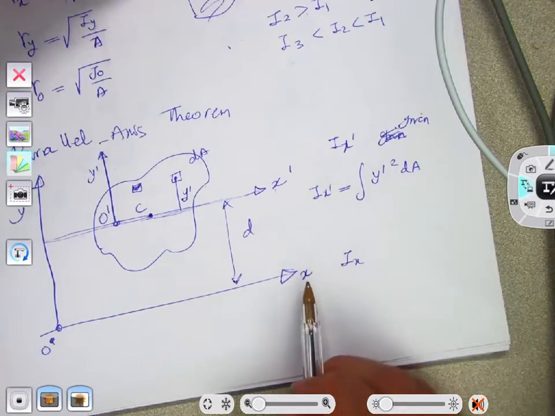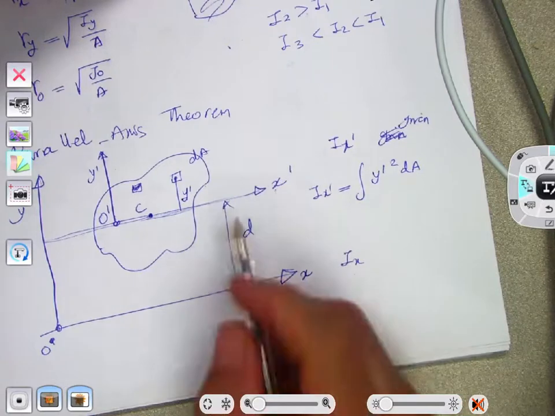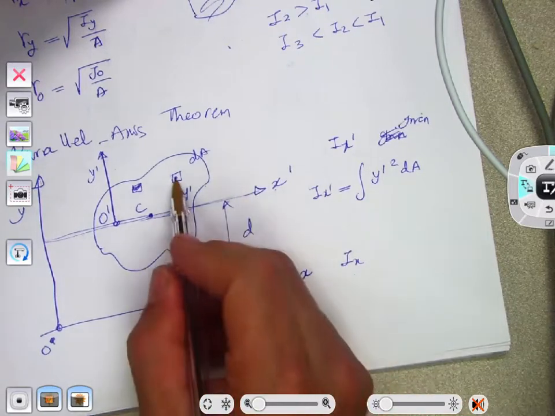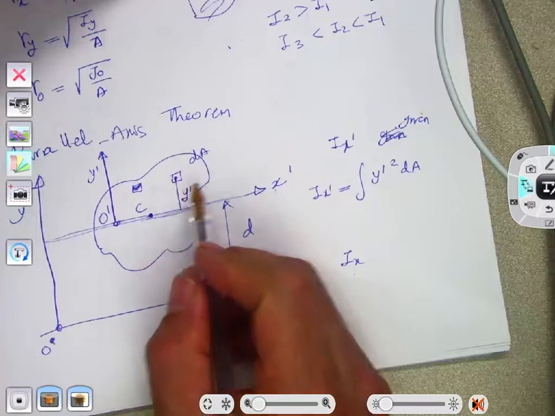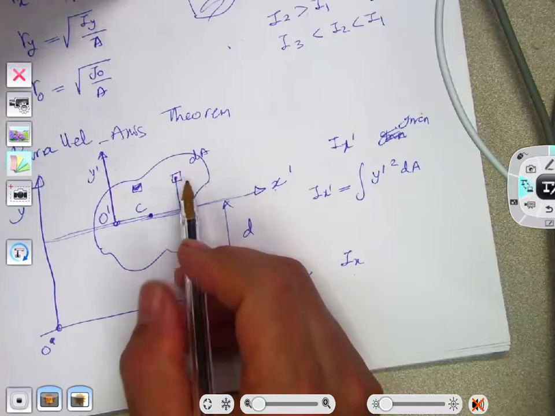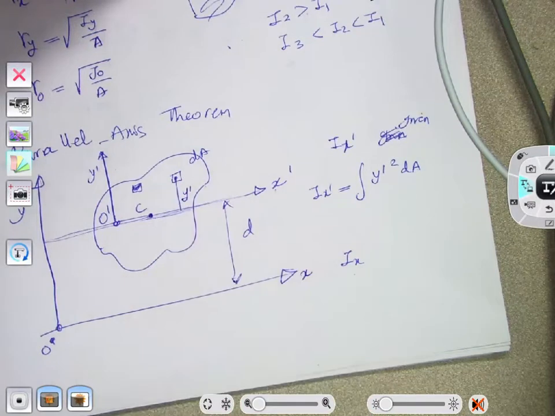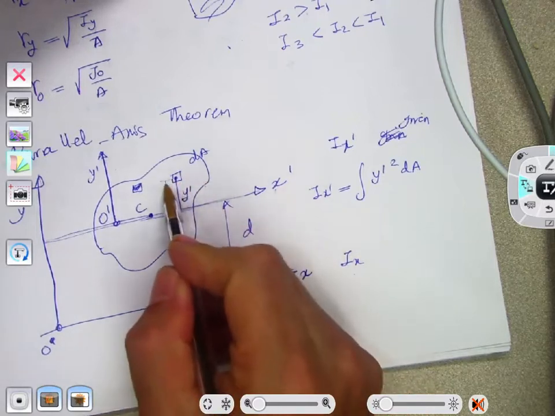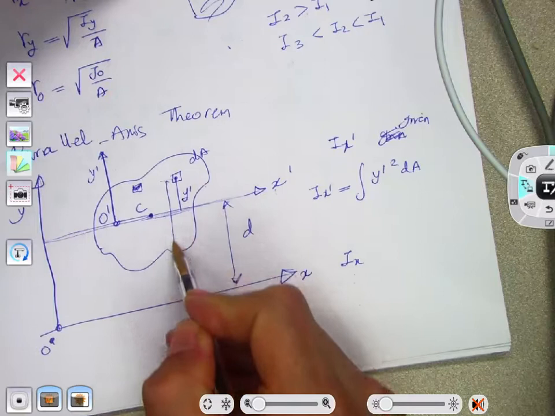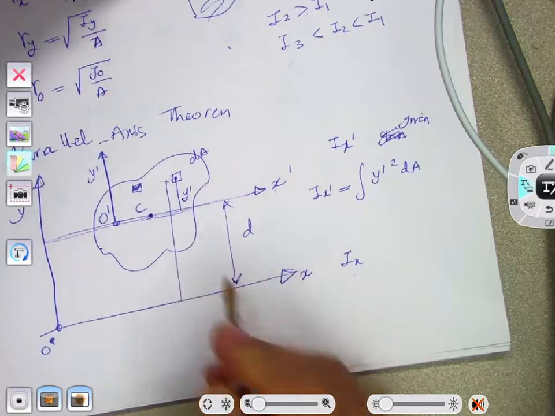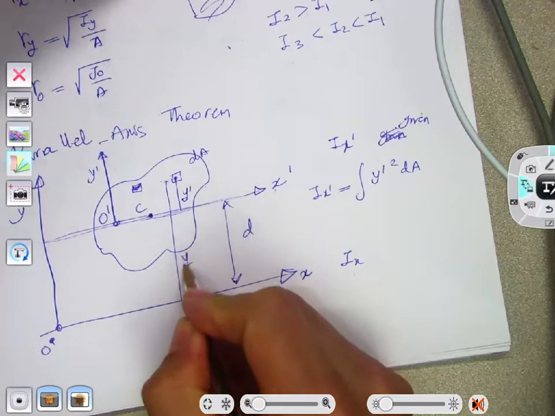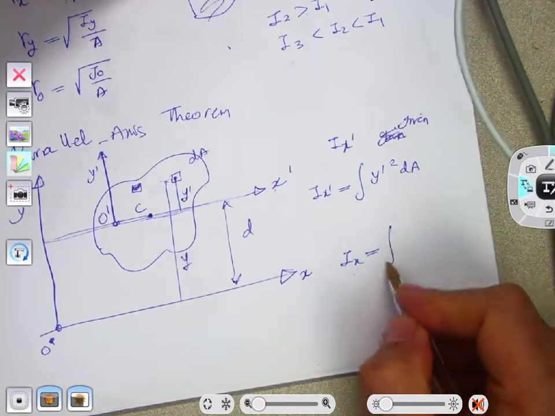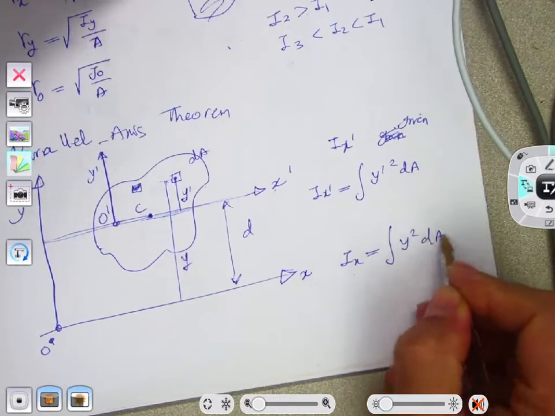So how about Ix? Ix by definition is this. What matters is the distance from this differential element to the x-axis here. If I call it y, then by definition, Ix is the integral of y squared dA.